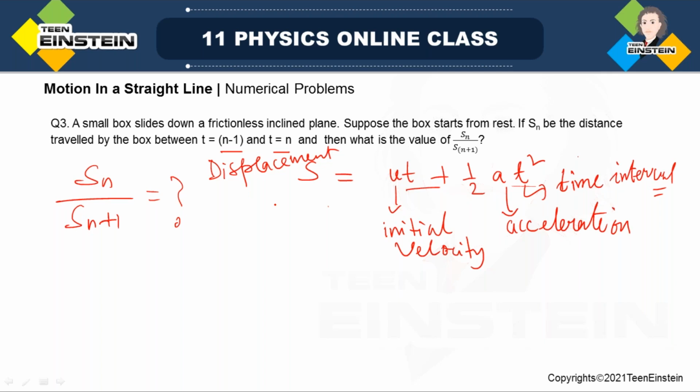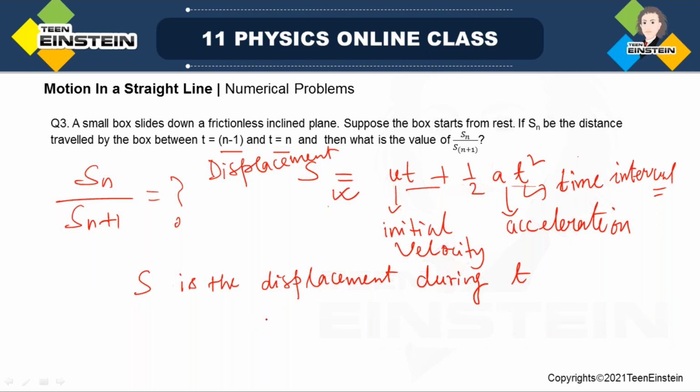So what is Sn? What is this S actually? This S is the displacement during the whole time interval t.